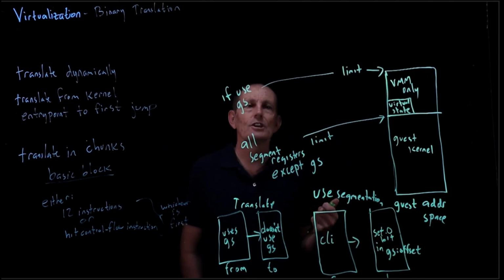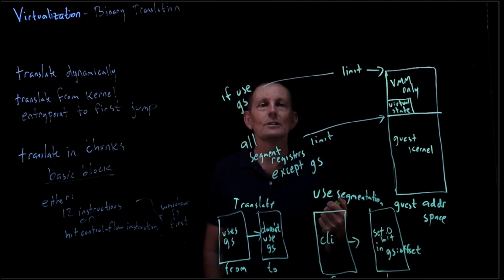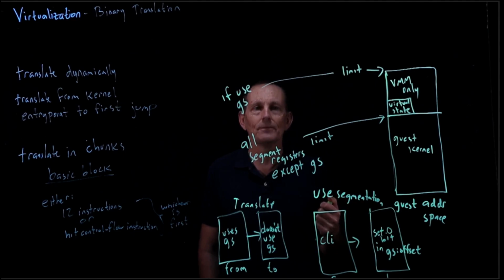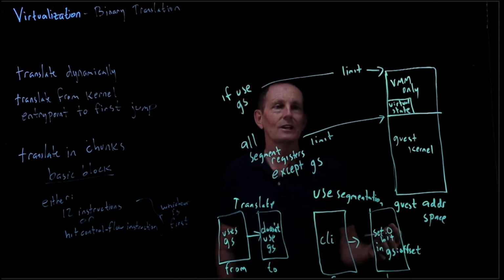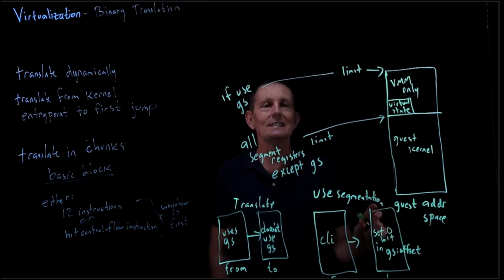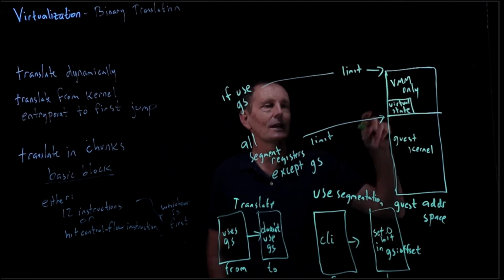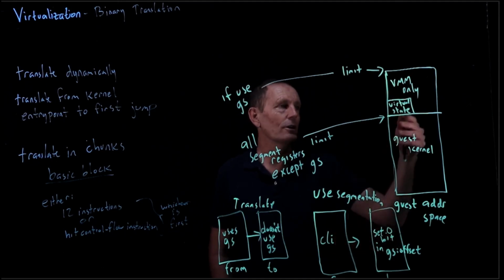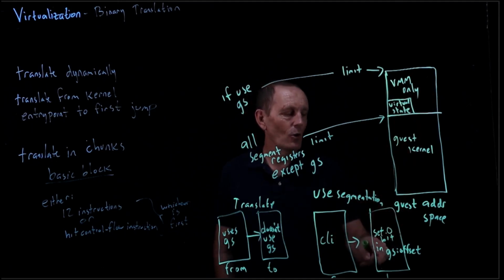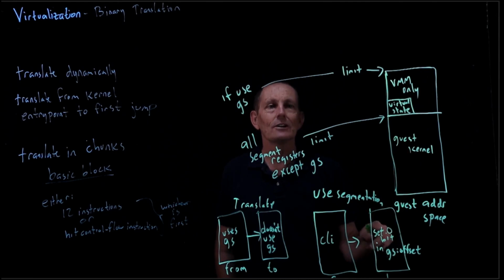So just keep in mind now for the GS register, here's the rule. The rule is that it is only usable by the virtual machine monitor. When we translate code, if the translated code needs access to the VMM state, that is, the VMM decides, I want to emit some code that either calls a function in here or sets some data in here, it's going to be using the GS segment to do that.